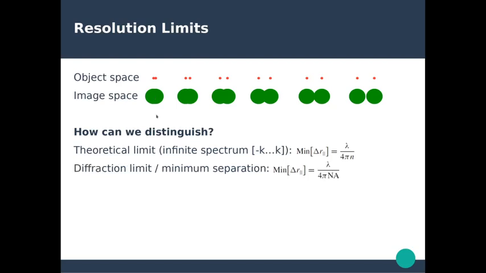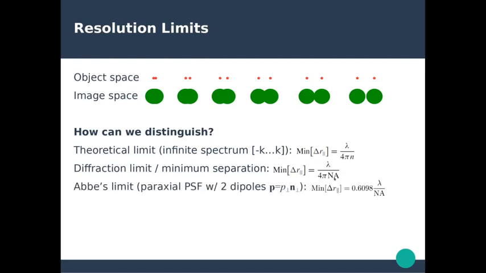The diffraction limit is something very similar if you consider now the numerical aperture. And if you consider Abbe's limit, within the paraxial point spread function framework with two electric dipoles oriented along the transverse direction, then you obtain this expression that we already introduced. So it's basically lambda over 2.